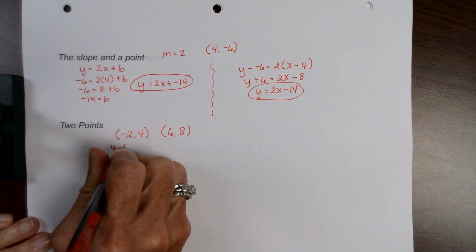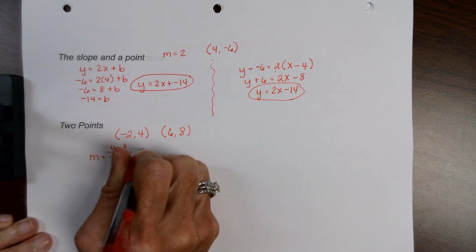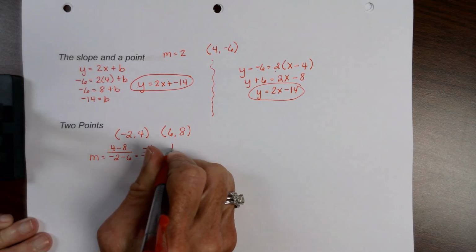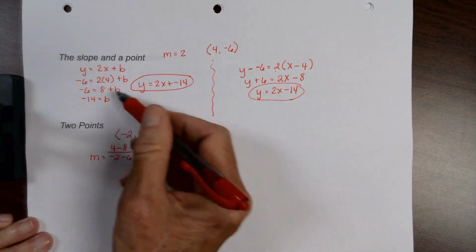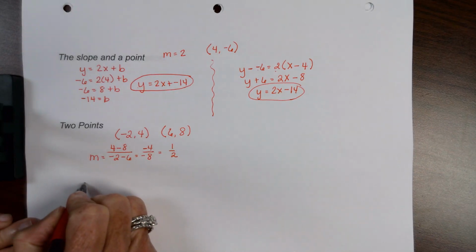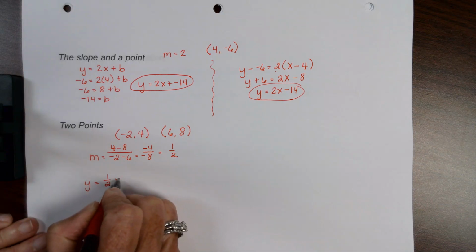So I have 4 minus 8 over negative 2 minus 6. I get a negative 4 over a negative 8, which is going to give me a positive 1/2. So I have, and I'm just going to do it the left way, but you can do it the right way if you want. So I have y equals 1/2 times x plus b.